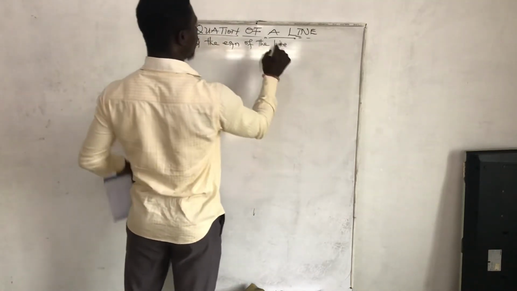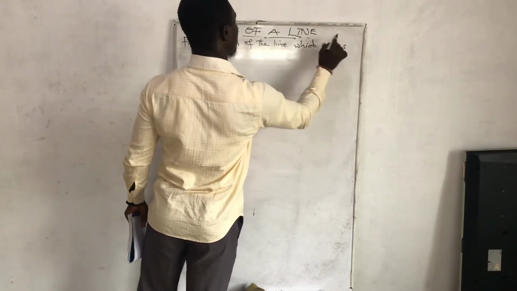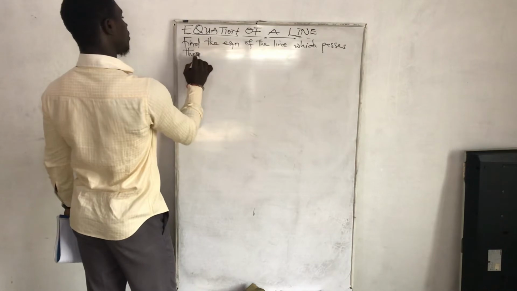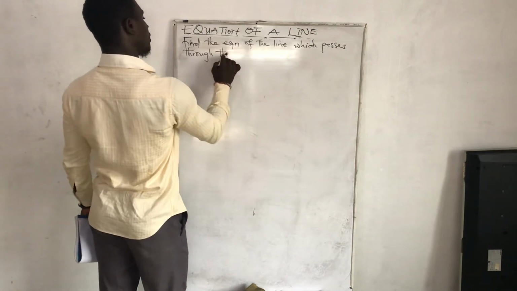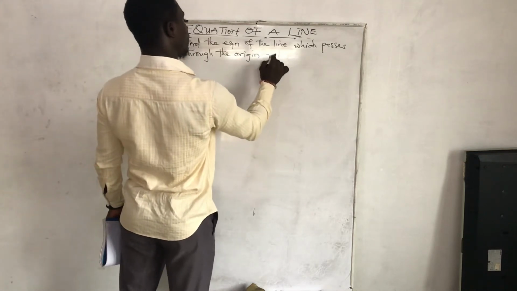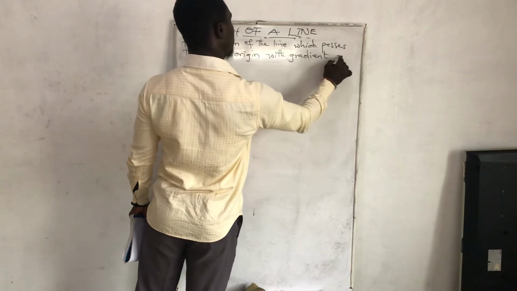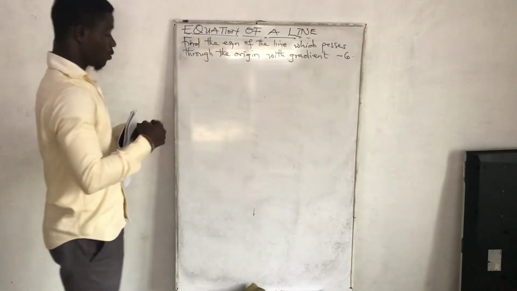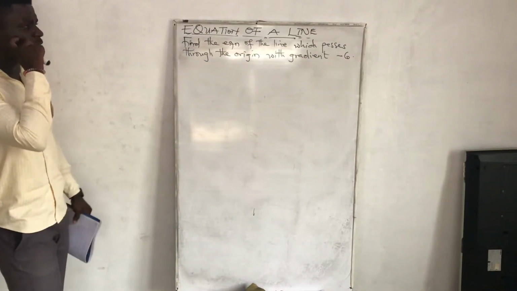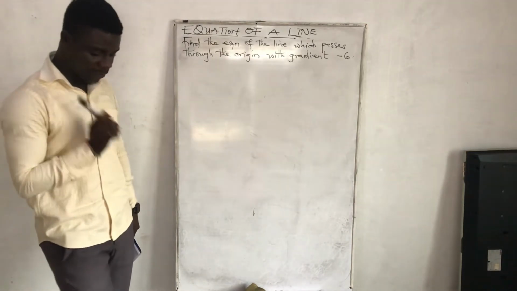Find the equation of the line which passes through the origin with gradient -6. So find the equation of the line which passes through the origin with gradient -6.